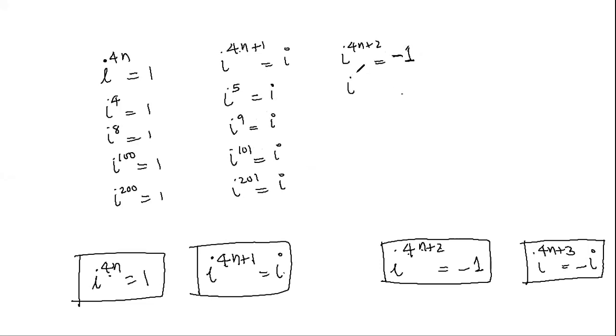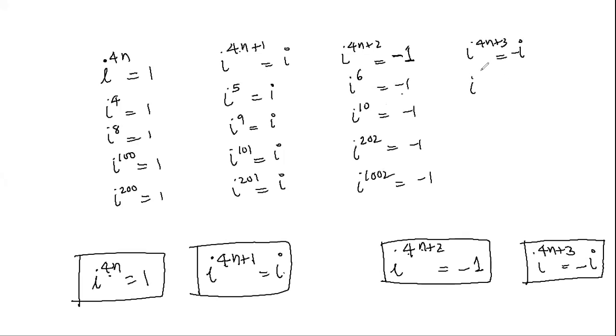So i raised to 6, i raised to 10, i raised to 202, i raised to 1002. They all will be minus 1. Then i raised to 4n plus 3 will be minus i.